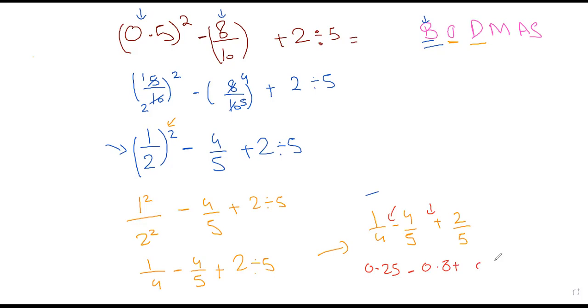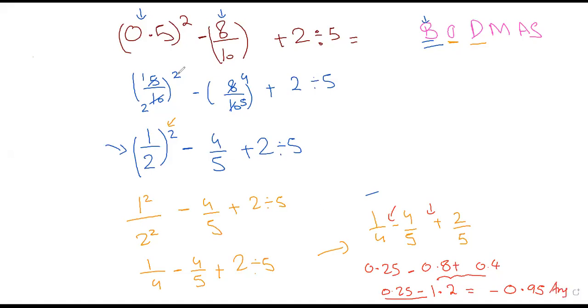Now when we add these two, we are going to get 1.2, and we have to subtract these two. So what do we get finally? Minus 0.95. Very good, this is the answer.